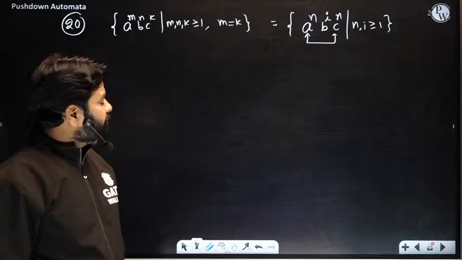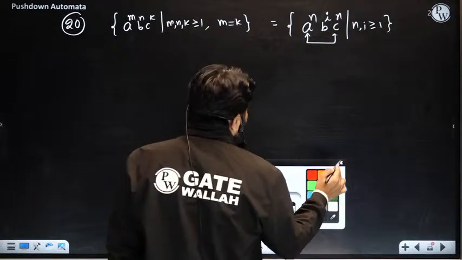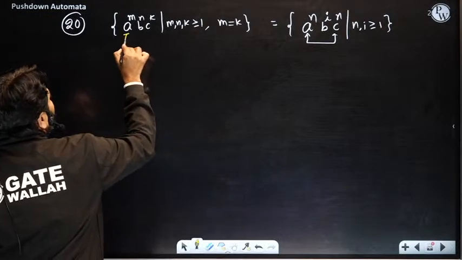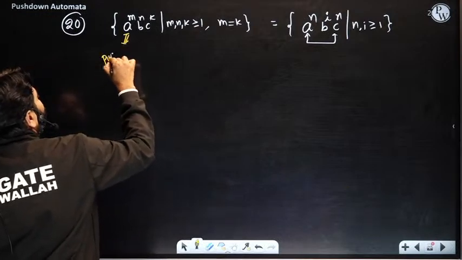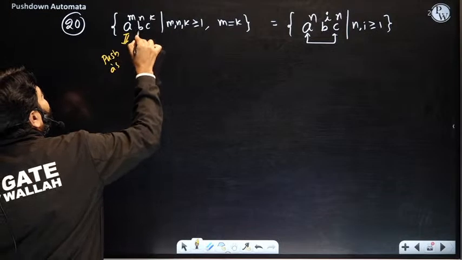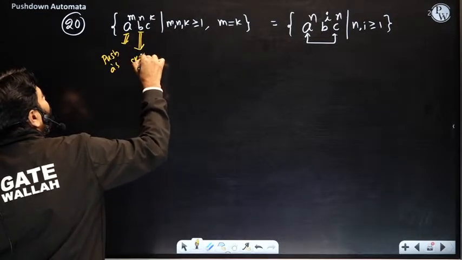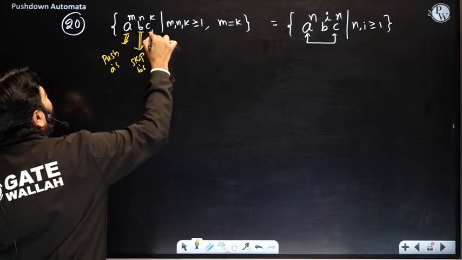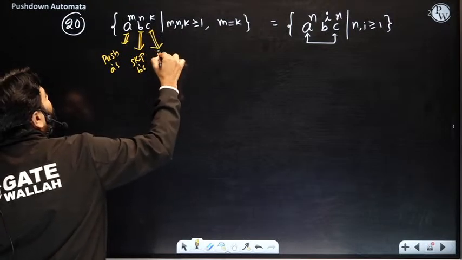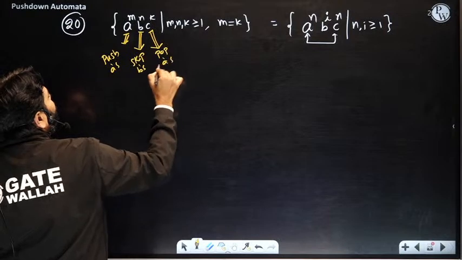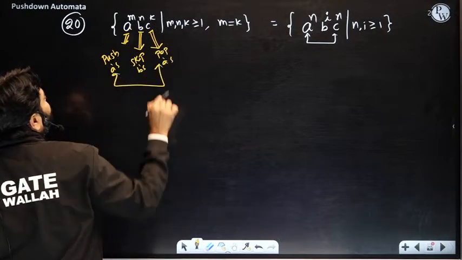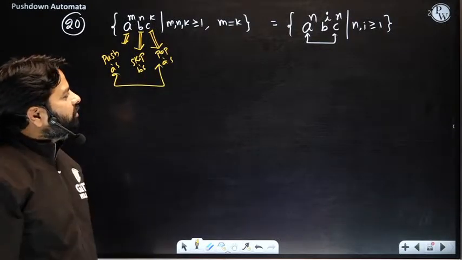So how do you do it now? Think about how you do it. Now these A's you push, but these B's you don't push, because you need to skip them, only one option, because B's are not dependent on anyone. For C, what you do is pop A's, because you need to compare these two, correct? Can you do it on your own?